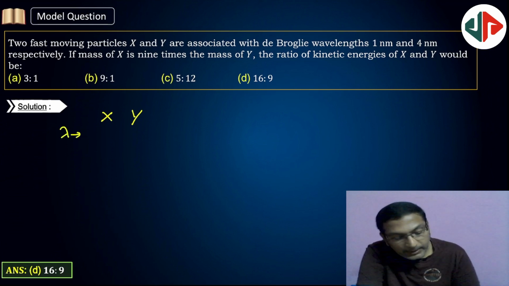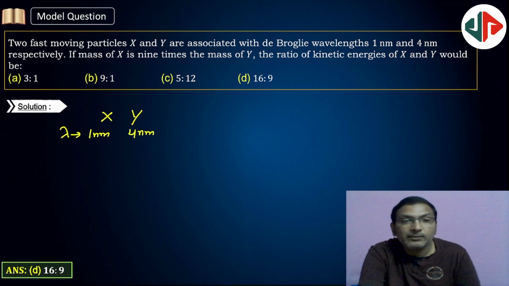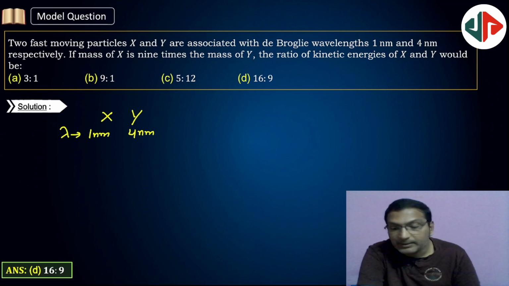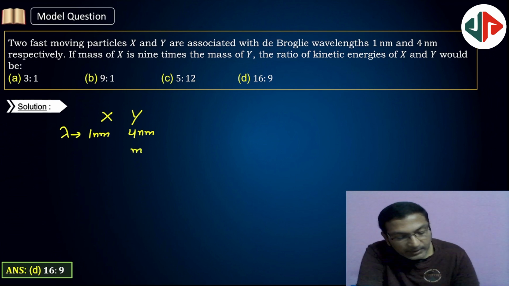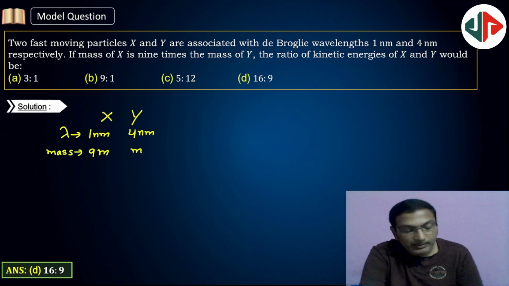Here 1 nanometer and here 4 nanometers. Wavelengths are given. Next, if mass of Y is m, then mass of X becomes 9m. That is also given. Mass of X is 9 times that of Y.